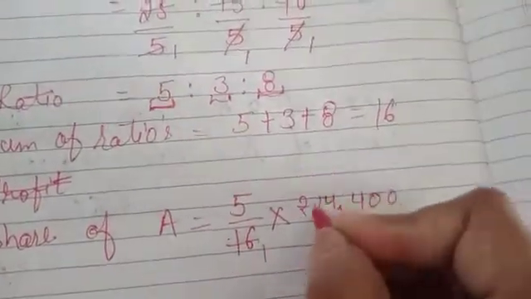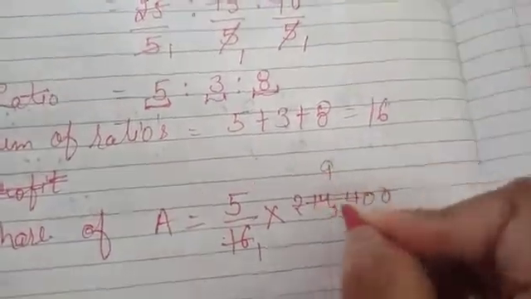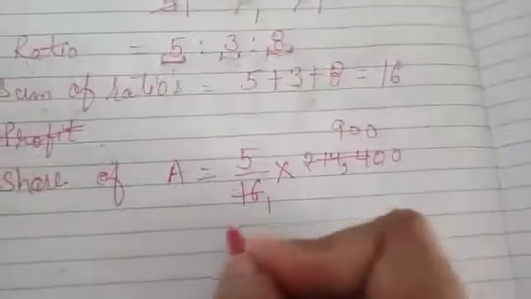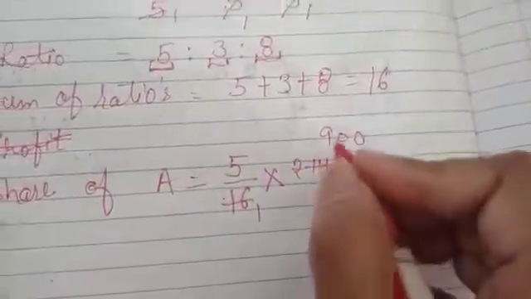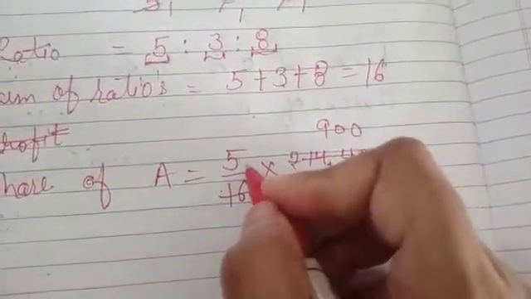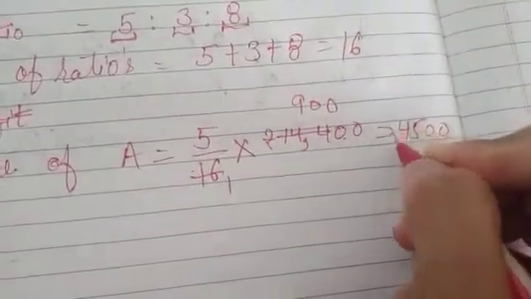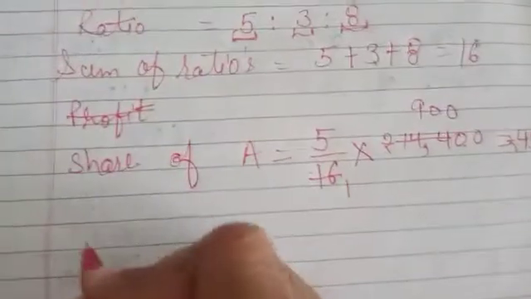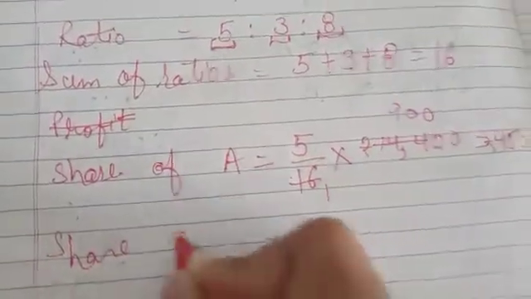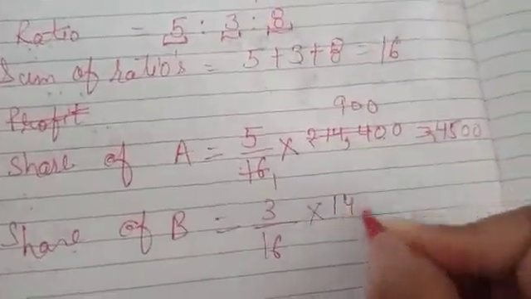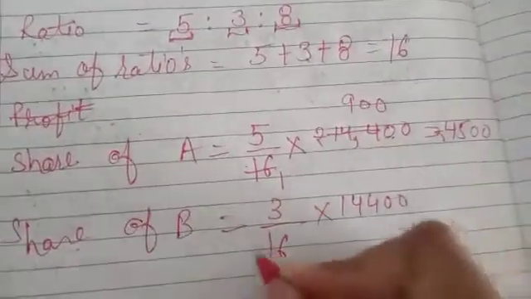16 ones are 16, 16 nines are 144, and these two zeros will come afterwards. After multiplying, 9 fives are 45, and the two zeros remain with it, so 4,500 rupees. In the same way, share of B, the part of B, is 3 over total ratio into total profit.